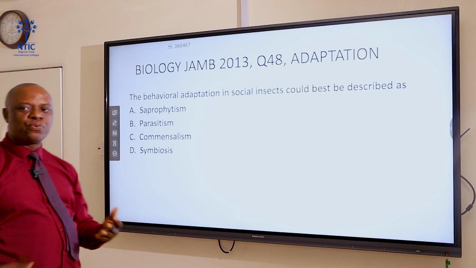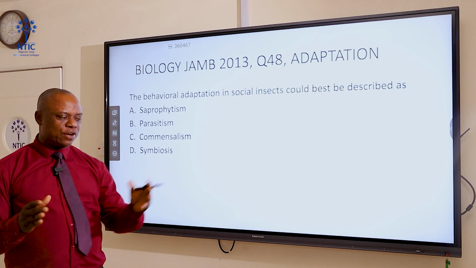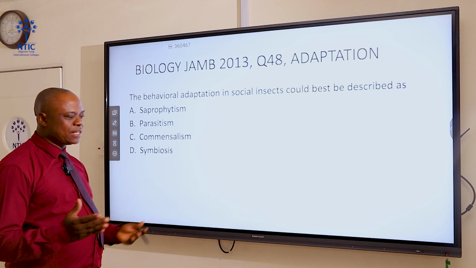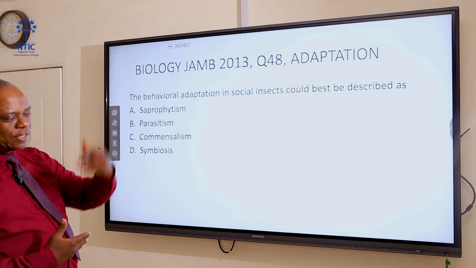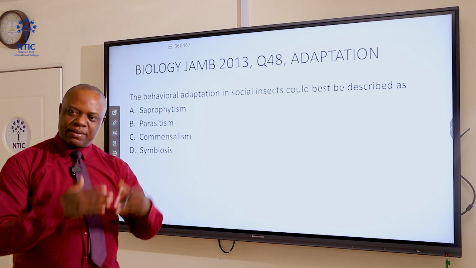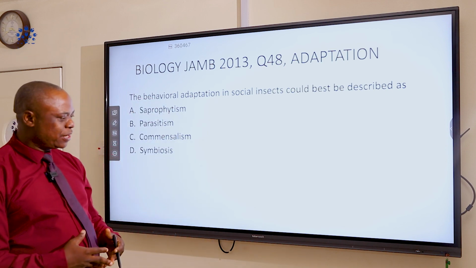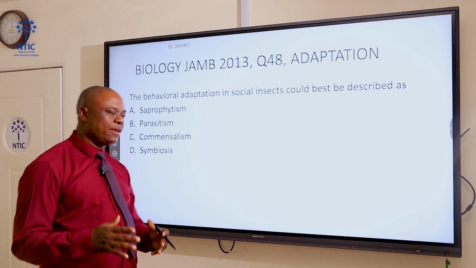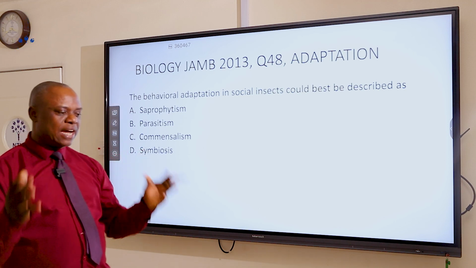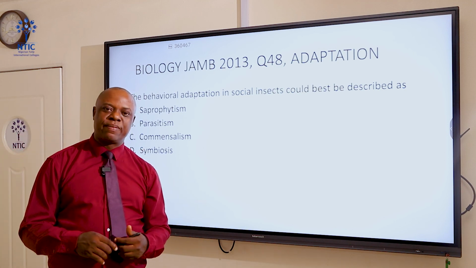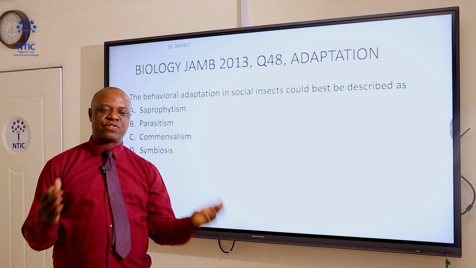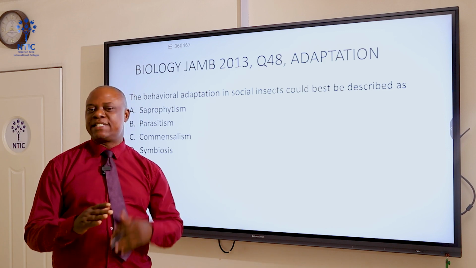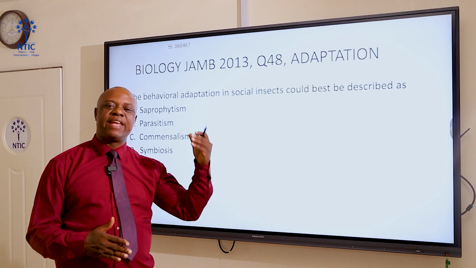Saprophytism is a process whereby organisms feed on dead, decaying organic matter. Parasitism is a process whereby one organism lives on another organism, which is the host, deriving nutrients from that host and at the same time harming it. Commensalism is an association between two organisms where one benefits, the second one does not benefit but at the same time does not suffer any harm.